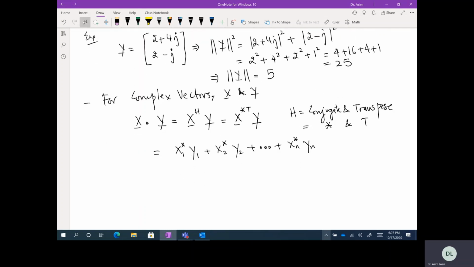Now we know from the inner product definition in chapter 3 that x dot y is equal to y dot x for real x and y. This doesn't hold when x and y are complex.